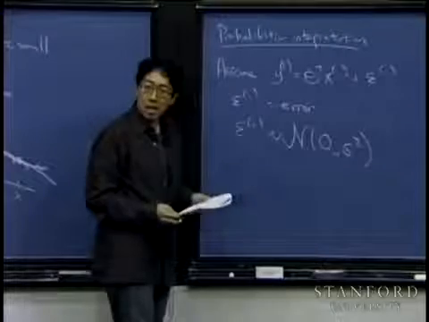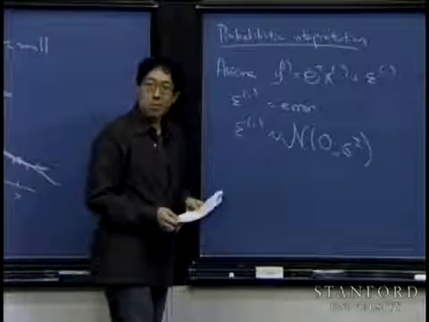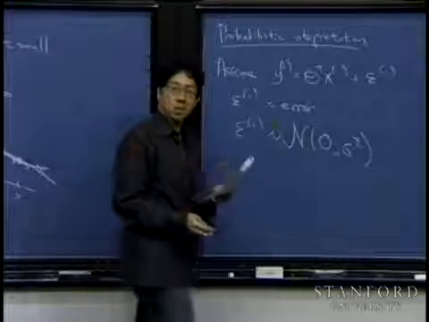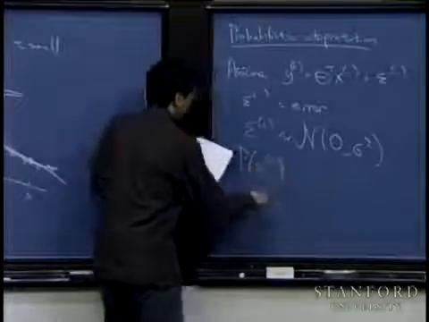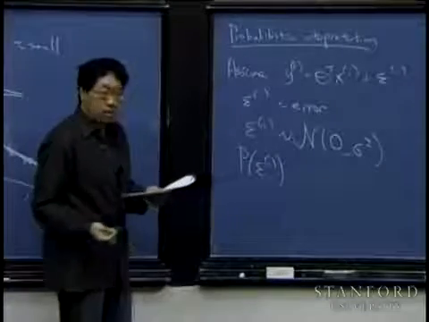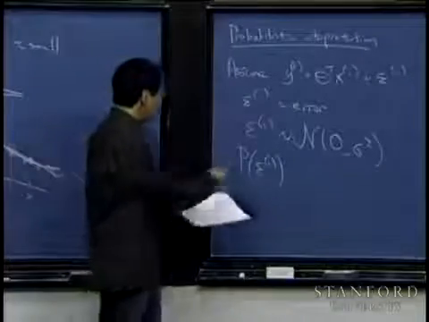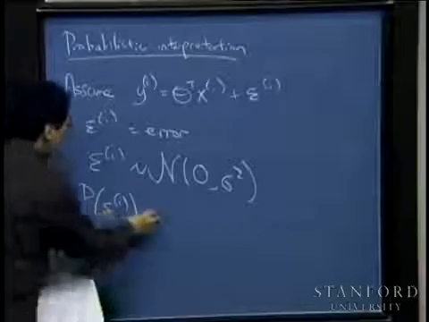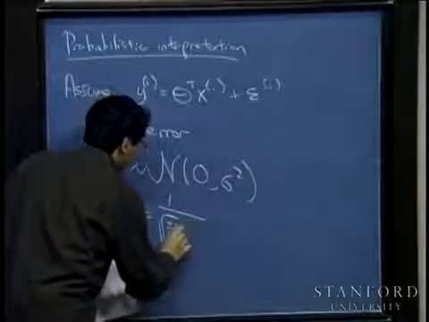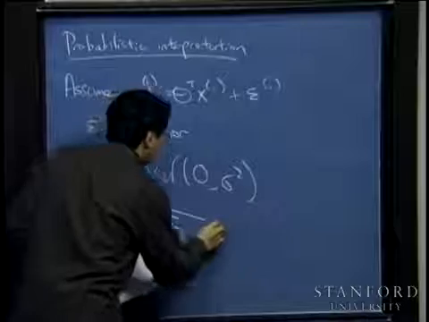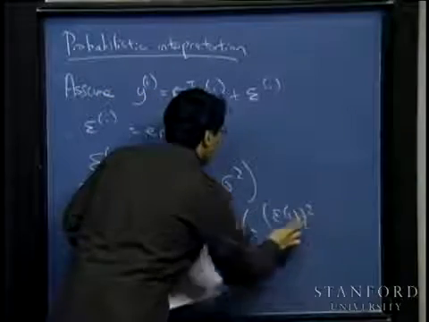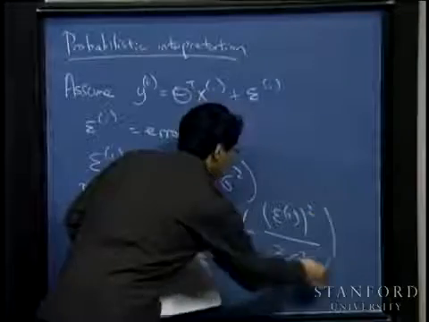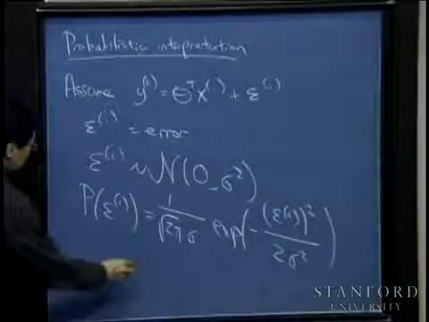Actually, just quickly raise your hand if you've seen a Gaussian distribution before. Okay, cool. Most of you. Great, almost everyone. So in other words, the density for Gaussian, as most of you have seen before, the density for epsilon i would be 1 over root 2 pi sigma times e to the negative epsilon i squared over 2 sigma squared.